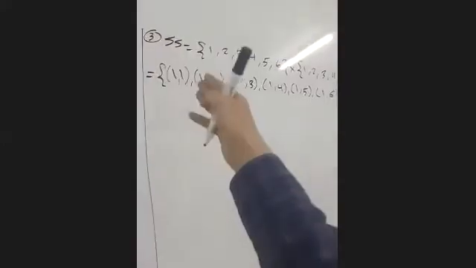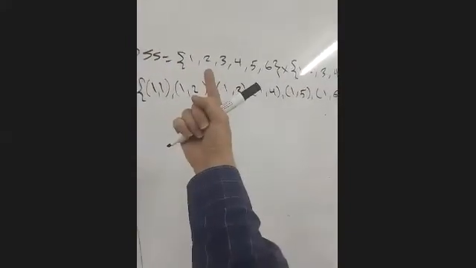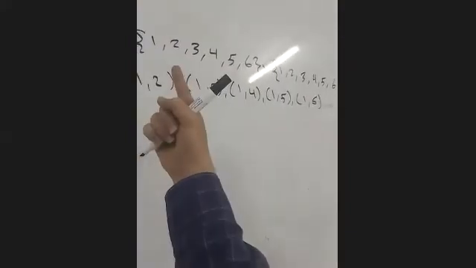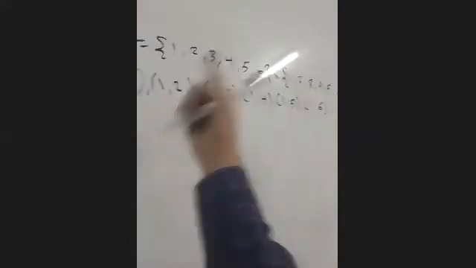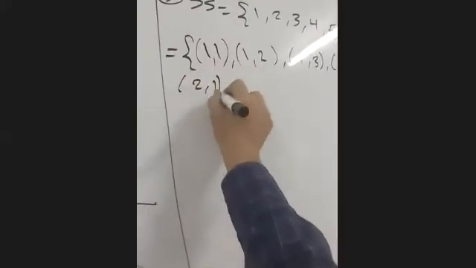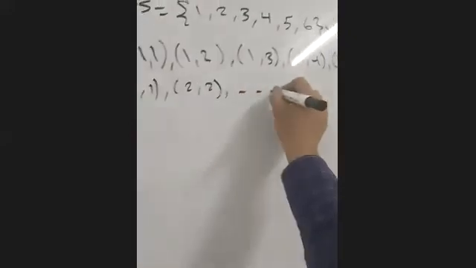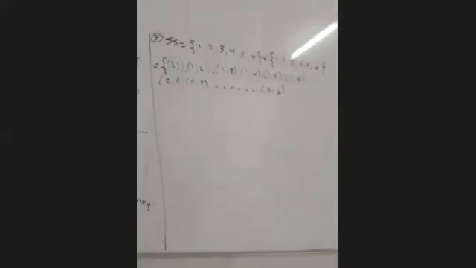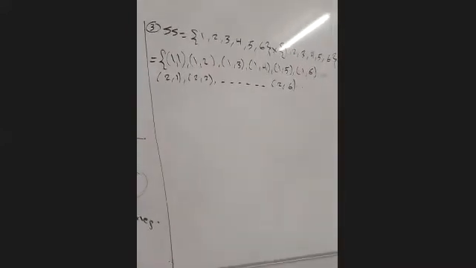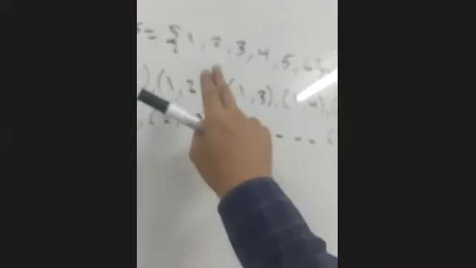Okay, we finished 1. Where are we now? 2. 2 with 1, 2 with 2, until 2 with 6. No need to write them all. I want you just to imagine them, okay? I got done with 2.